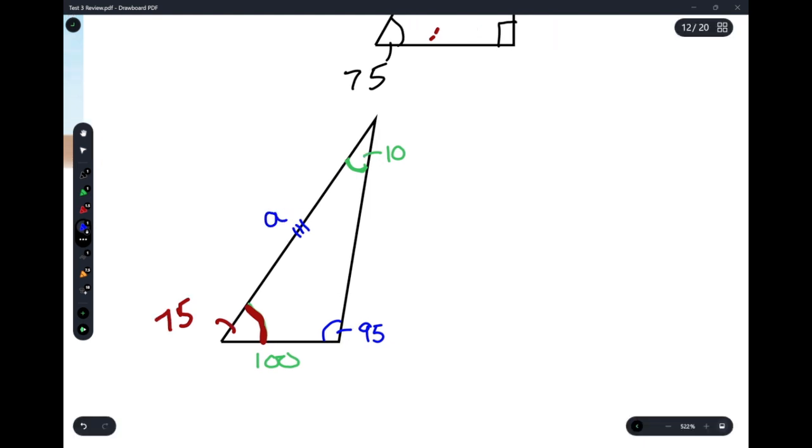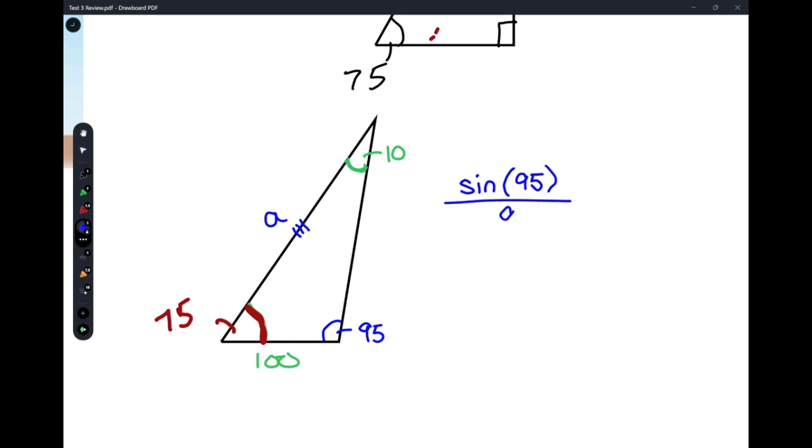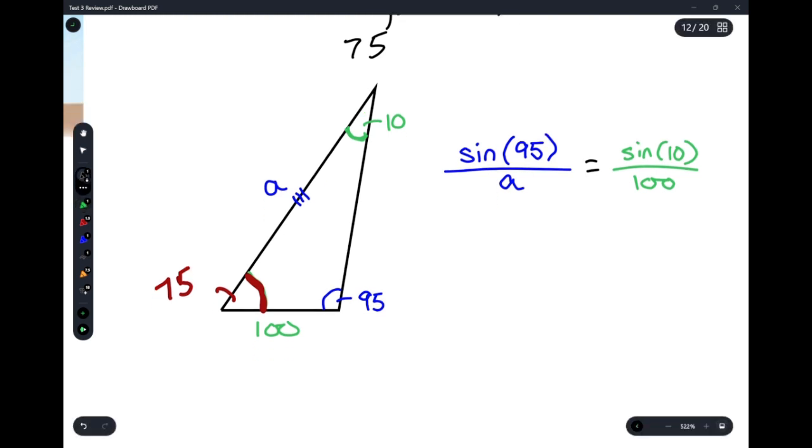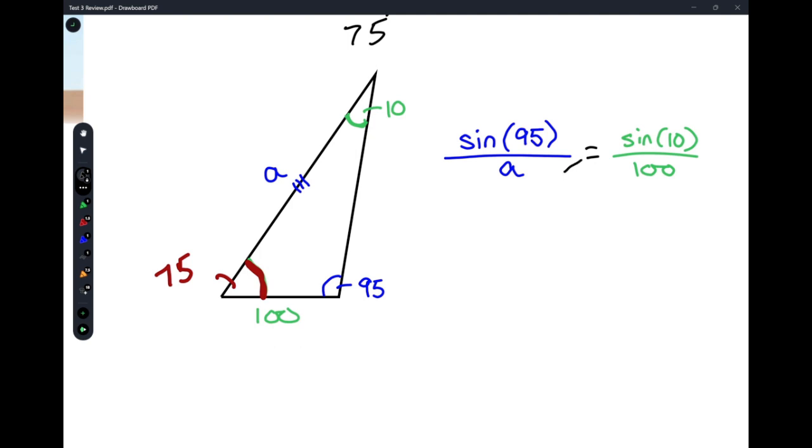Cool. And so you're going to say that the sine of 10 equals the sine of... 10 over 100. Yay? Nay? Maybe so? Crisscross applesauce.